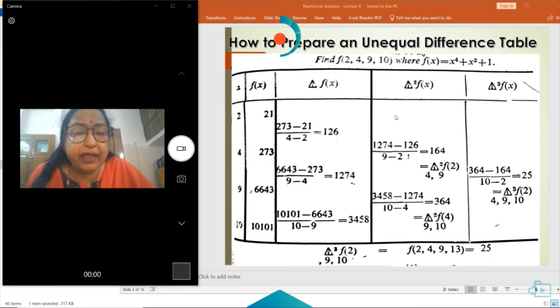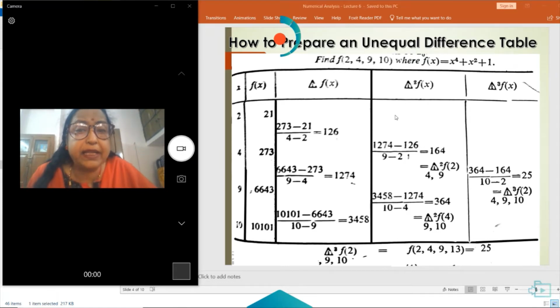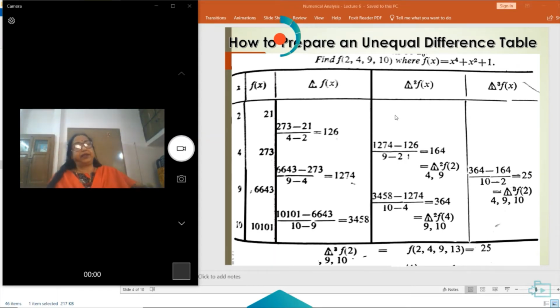Similarly, this is divided difference f4. Similarly, the third one is 3458. We can call it as f x0 x1 x2 or f4. This way we can prepare the table as you can see on your screen.